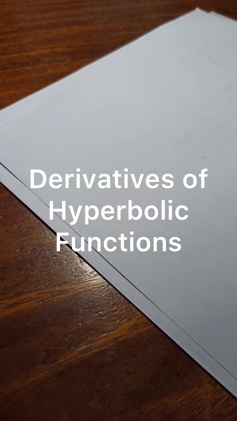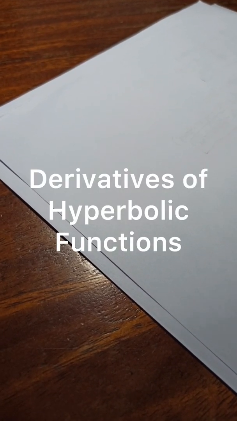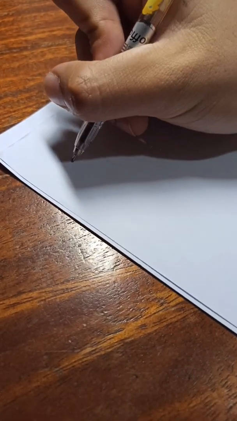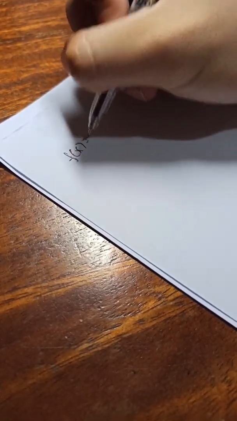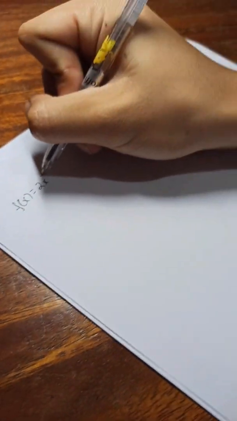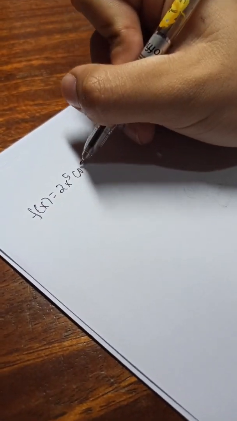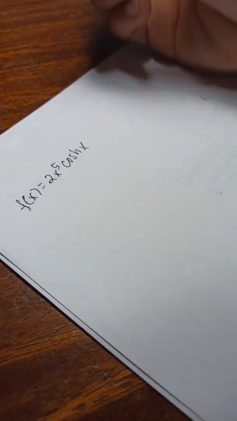So our next topic would be about hyperbolic functions. Say for example we have the function f of x is equal to 2x raised to 5 cosh x.